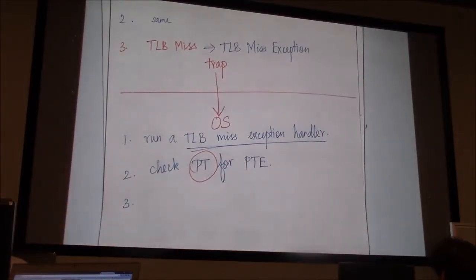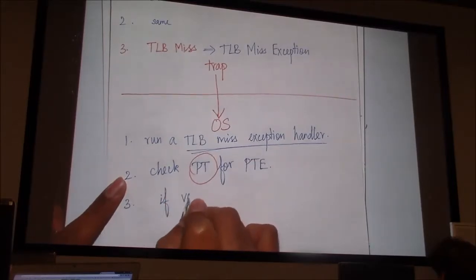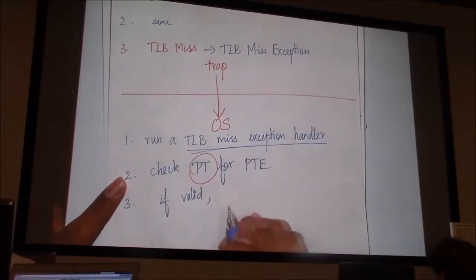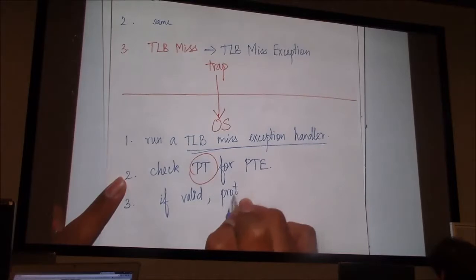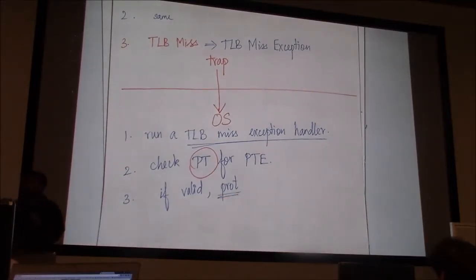The operating system checks the valid bit and the protection bits. As we saw in the last class, virtual pages that contain only code may have protection bits of read and execute, but pages that contain the heap and the stack will have protection bits set to read and write.